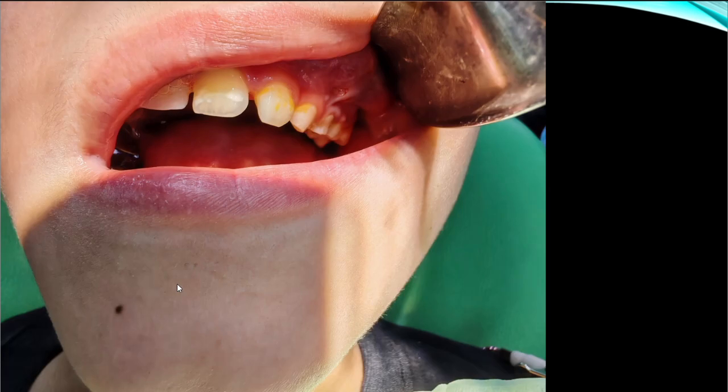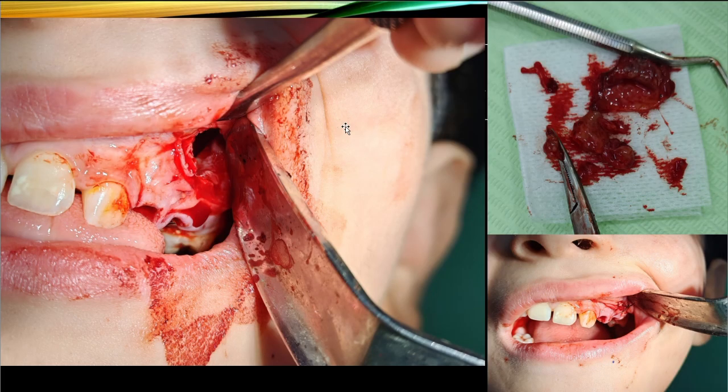So here's one of the cases I had. Here we had a cyst in the maxilla on the left side related to the C, D, and E. I did a vestibular incision. I removed the amount of bone. It was eggshell cracking, so I just placed the blade and the bone cracked itself.